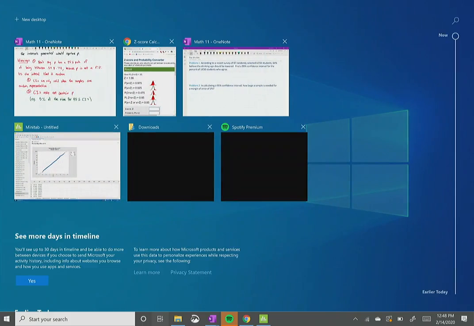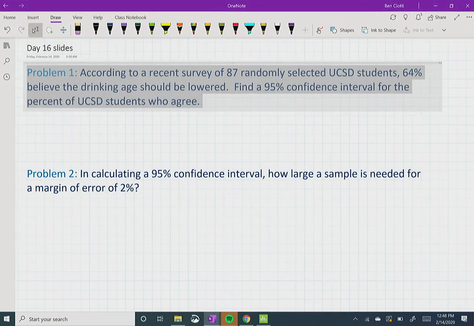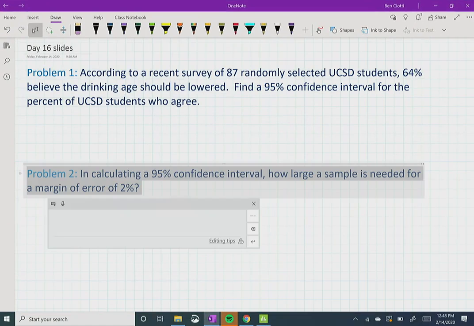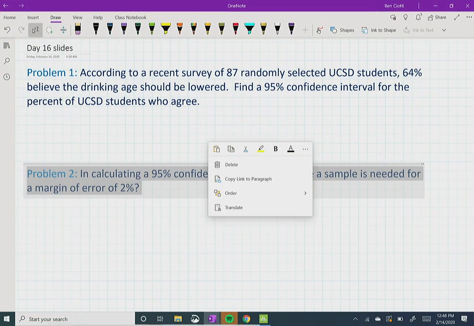Now, I'm not going to have time to finish this problem, so I'll have to do it next time, which is problem 2 here. Let me just show you.